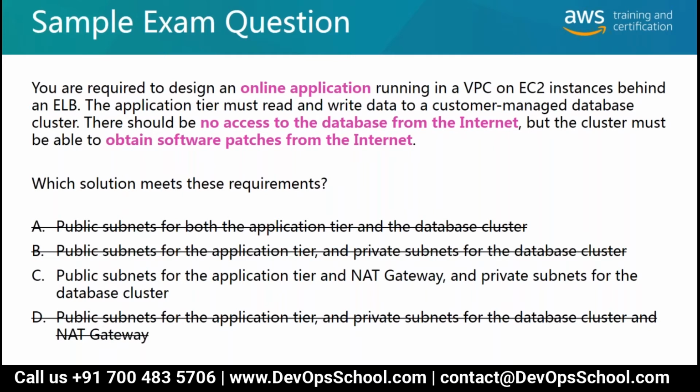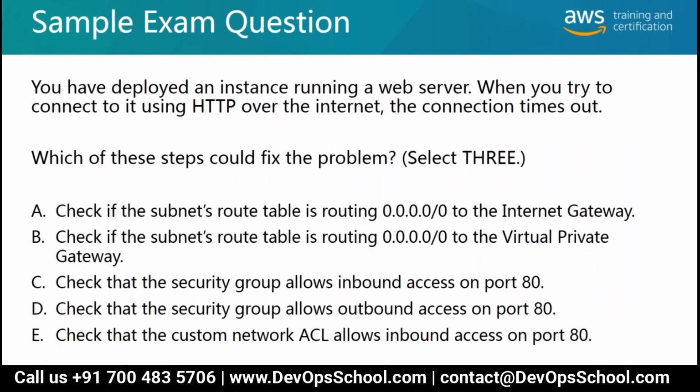Then one point you mentioned: if there are two accounts and you want to give S3 access to the other account, how do we do that with IAM policies? You will use IAM roles there.